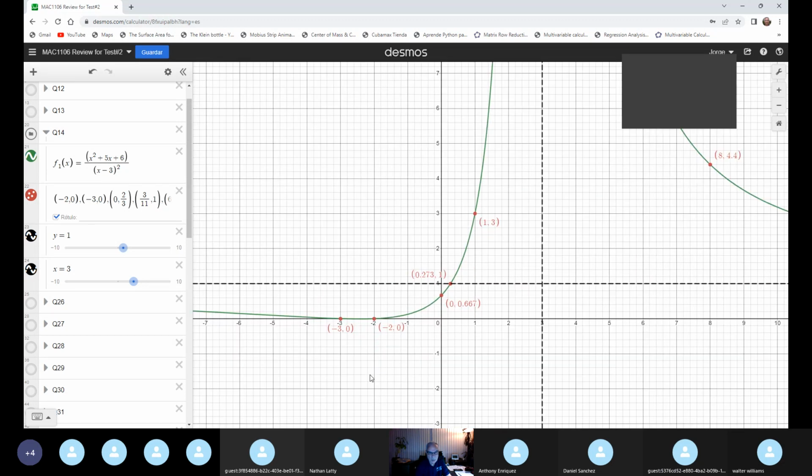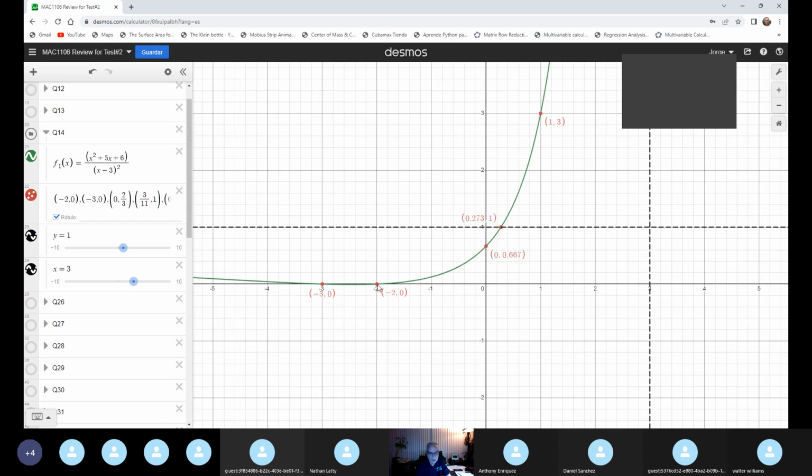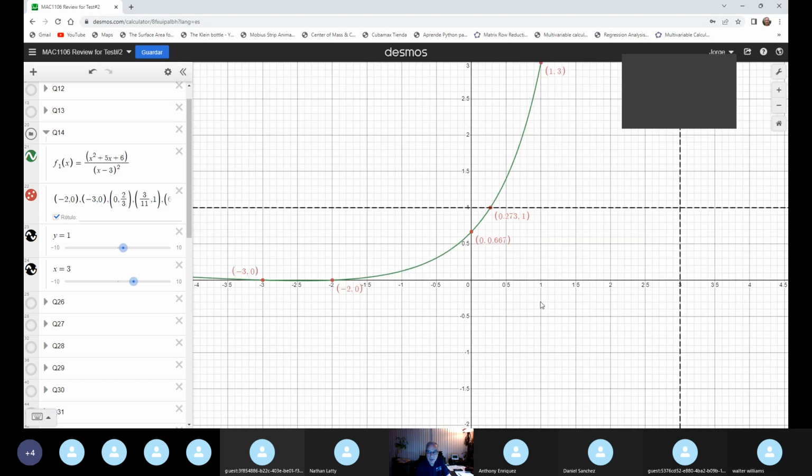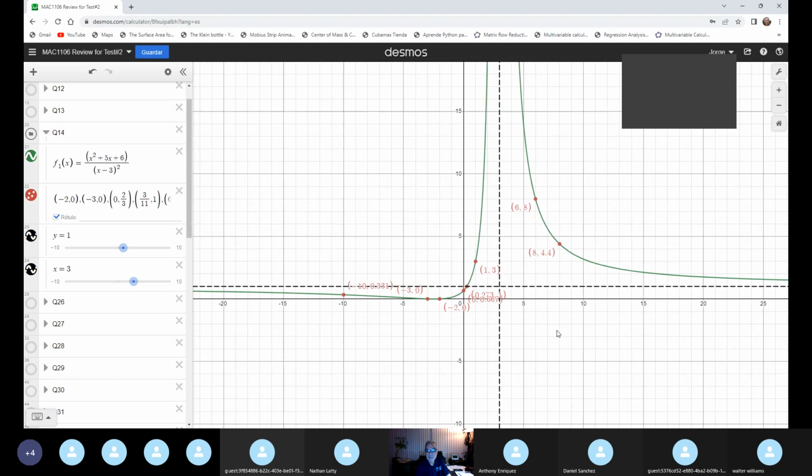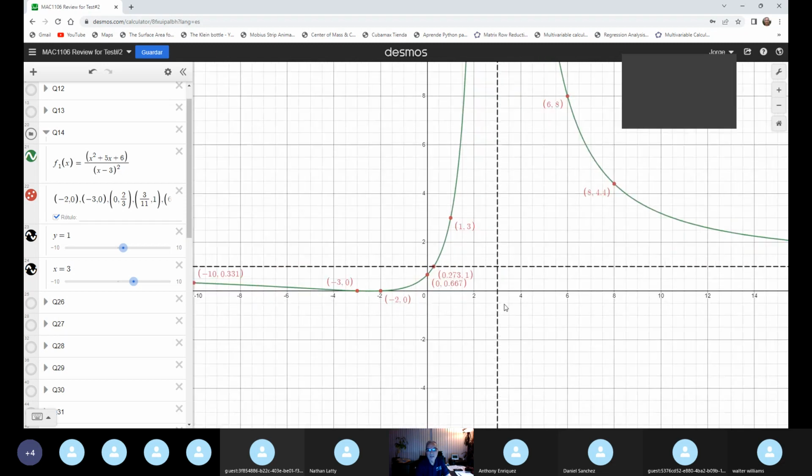Remember, 2 points at -2 and -3, which is the x-intercept. We predicted the y-intercept, which is the point 0, 2 over 3, which in decimals is 0.6 repeated. We predicted that we have a vertical asymptote at positive 3, and the behavior of both branches of the curve is upward.